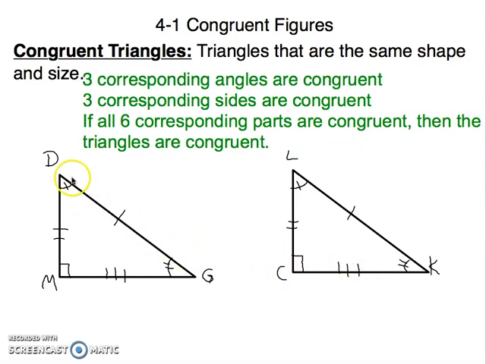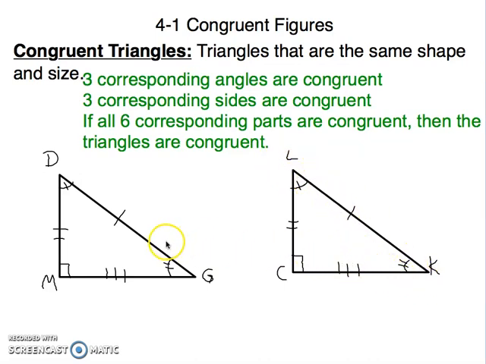For example, D would correspond with L. M would correspond with C. And then segment DG, since it has one congruent line, would correspond to segment LK.